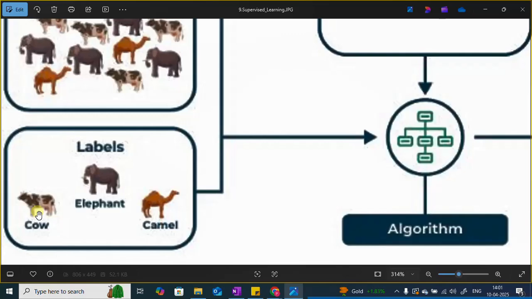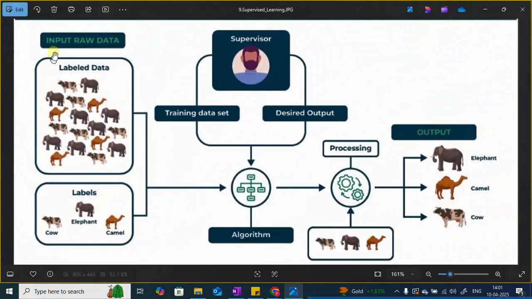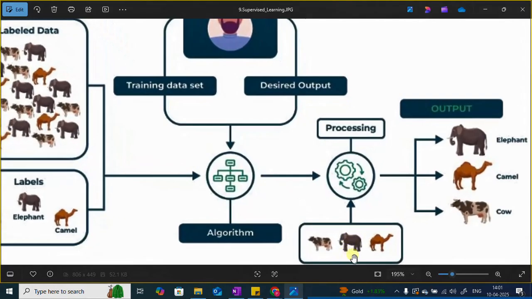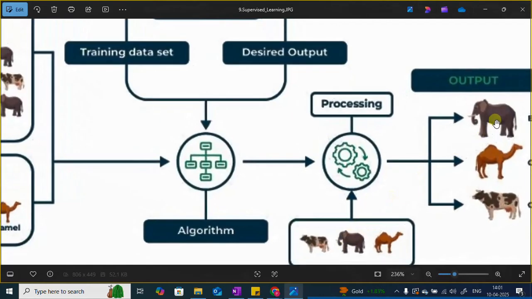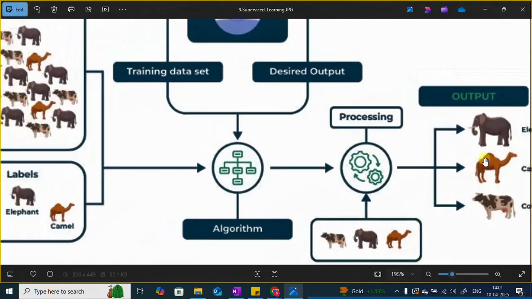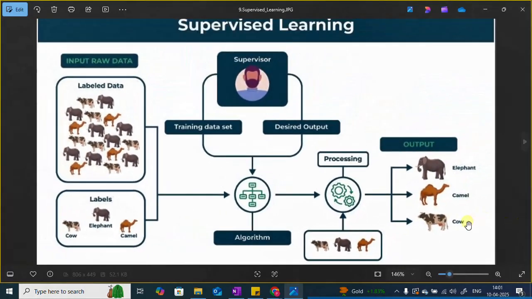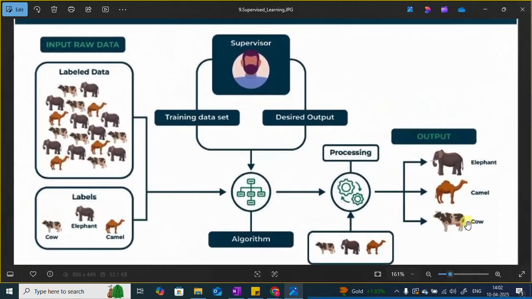So indirectly, I am training my model by giving the labeled data set. That's why whenever I give similar unknown data, my model predicts that this picture belongs to an elephant, this to a camel, and this to a cow. Getting my point, guys?